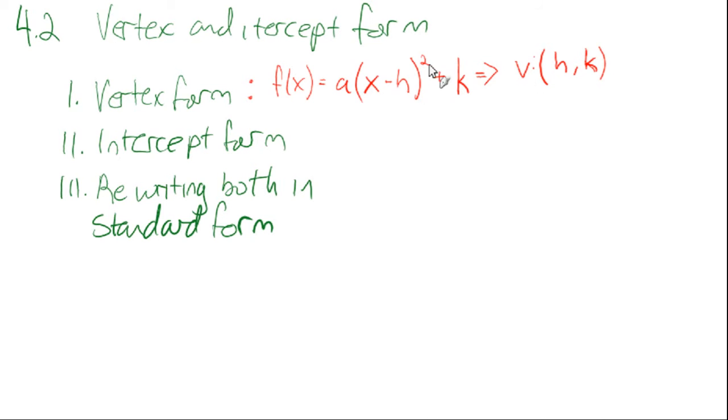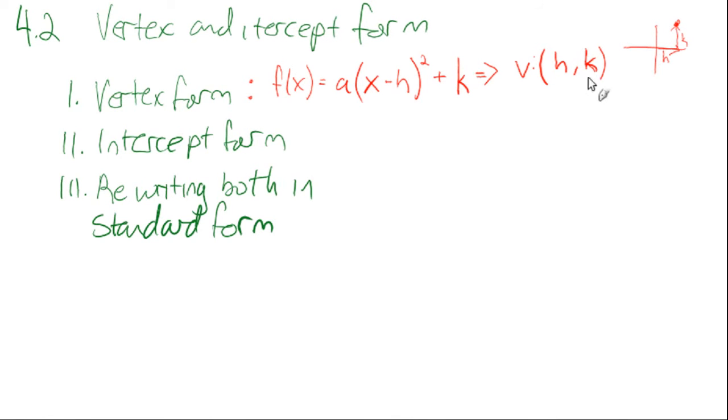And that is about it, except in the book it just also says, well, if your vertex is at h, k, so let's just draw kind of an arbitrary graph here, and let's say we go over this much, that'll be h, and then we'll come up this much, that'll be k, right?